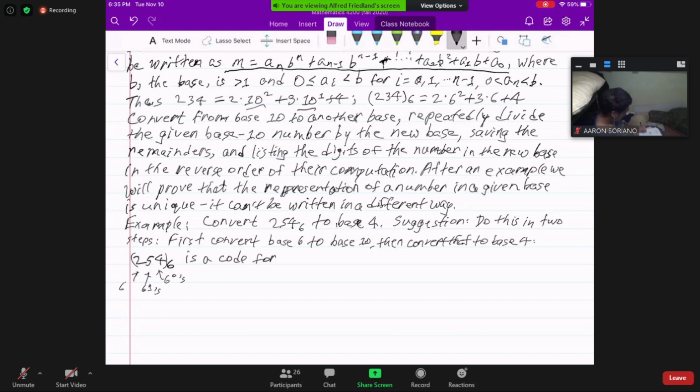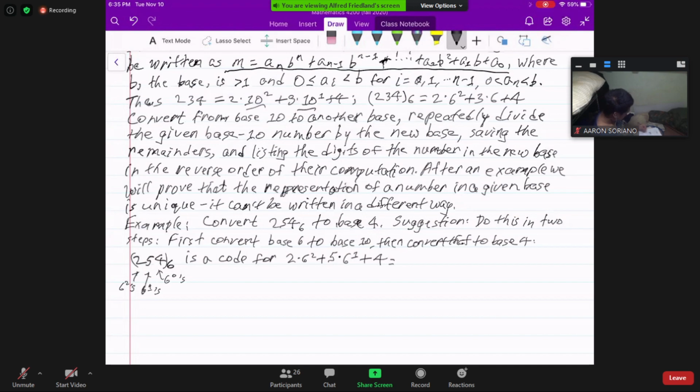This is the number of 6 squareds. So the 2 is the number of 6 squared. So it's 2 times 6 squared plus, the plus is up here on what's underlined for M. It has plus signs, plus the 5 is the number of 6 to the 1s, and then again plus the 4 is, well, it's just 4, it's the number of 6 to the 0ths.